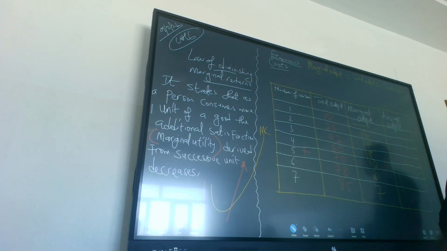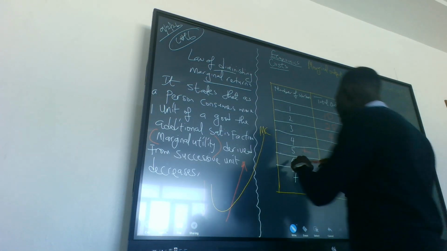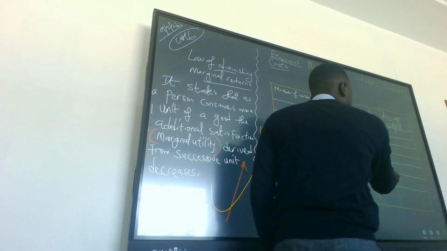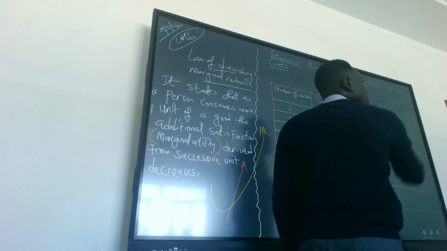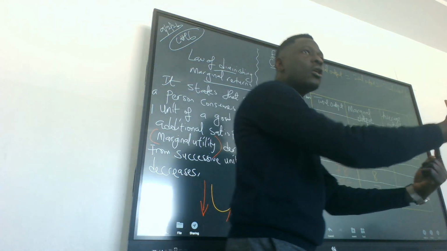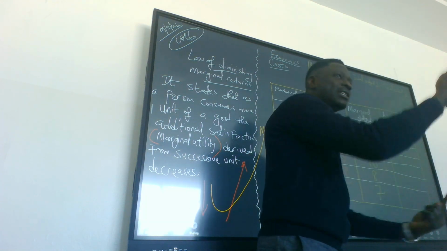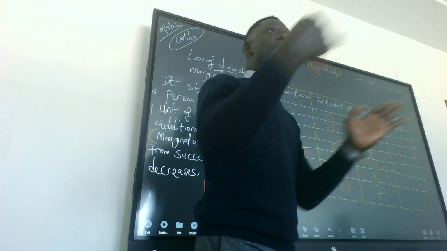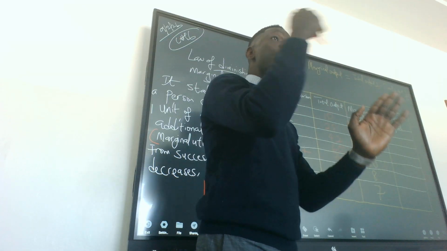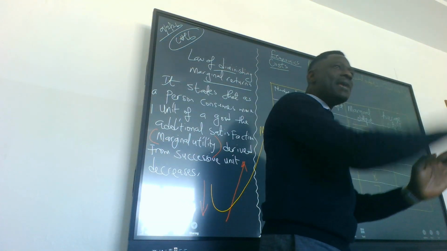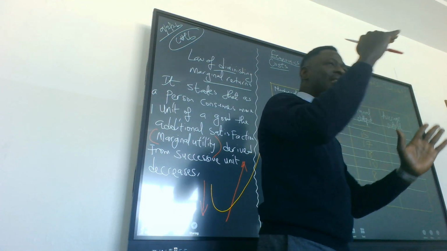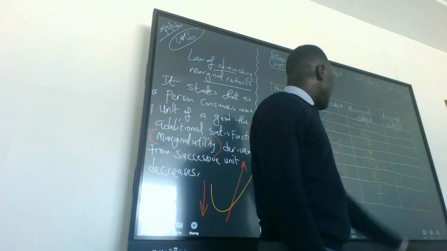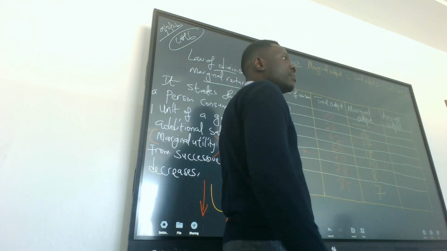It starts reducing. That is diminishing marginal returns. So as soon as additional workers are employed, the marginal output starts reducing. The return is what? Reducing instead of increasing. Our marginal is supposed to increase our output. But when you employ more workers to the same machine, it will reduce the output of the machine. And that is what happens after the fourth worker.